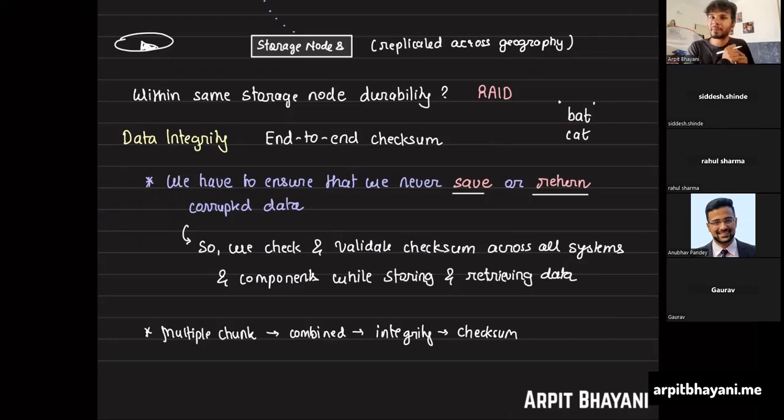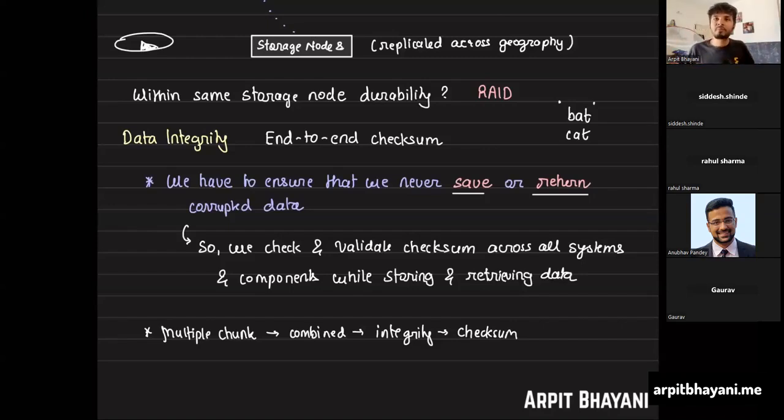When a bit flipped, your B became a C. Because in binary, the edit distance between B and C is just 1 bit. If that bit flipped, so instead of writing bat, you just wrote cat on the disk. And now when your user reads it, the user would read cat. They'd say, I never stored cat. I stored bat. Where is my bat? Right? Which is where maintaining integrity of your data is really important across the layers.